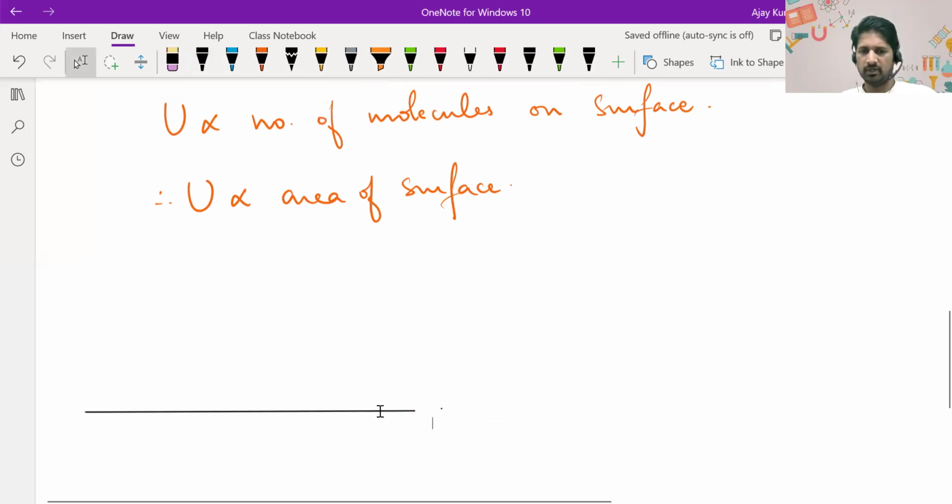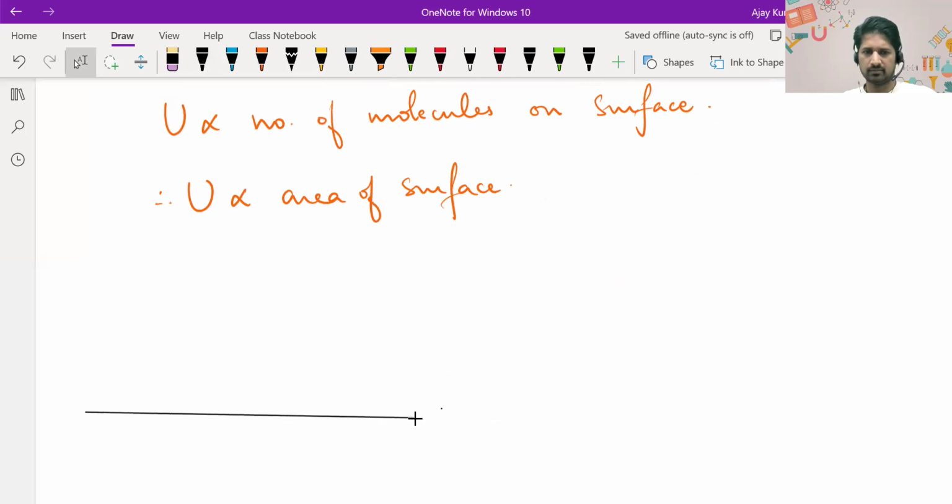What shape does it form into or adjust into? Yes, Vanilla, what did you say? A hemisphere, sir. Hemisphere. Okay, kind of. It depends on the material on which it is placed actually. It might look like a hemisphere as well.